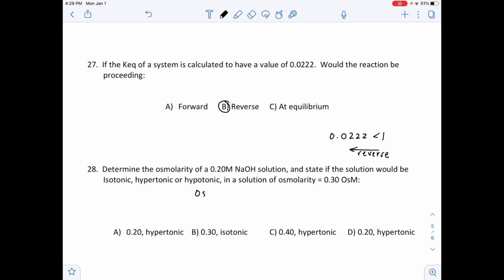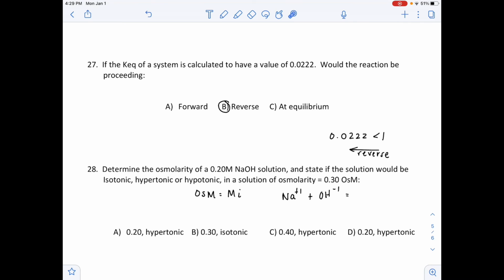So for this, we have to know the equation OSM equals M times I. So to find the value that's going to replace this I, we do the charges. So Na has a +1 charge, and you're adding it to OH, which has a -1 charge.